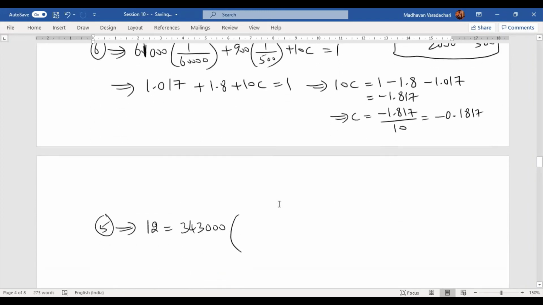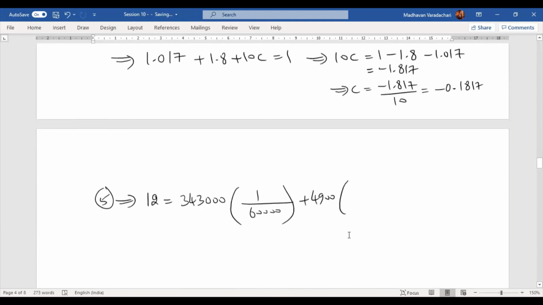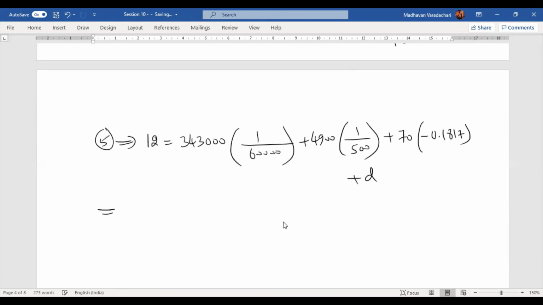A is 1 by 60,000. Then plus 4,900 times B. B is 1 by 500. Then plus 70 times negative 0.1817. Then finally D. Now let us simplify this.